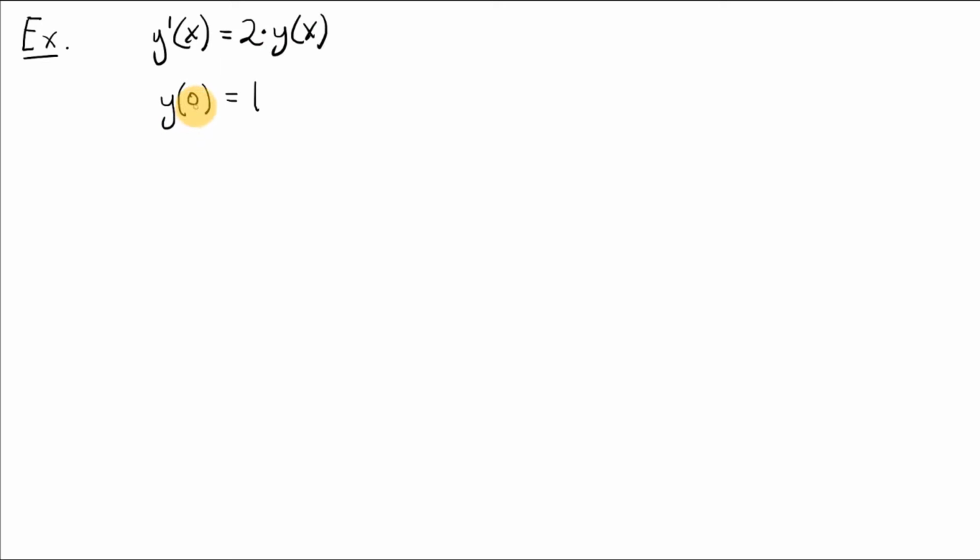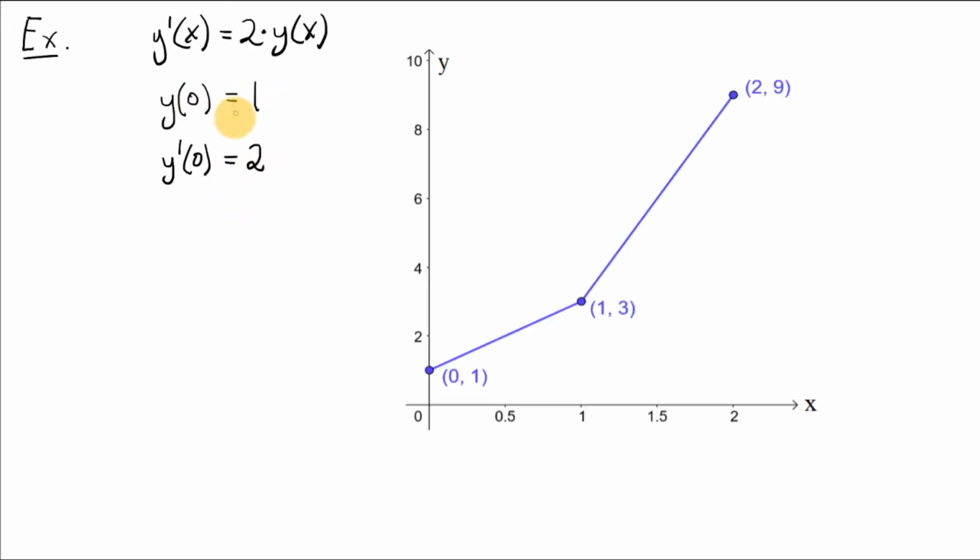That means that for x equal to 0, the derivative at that point should be twice as large, so it should be 2. For x equal to 0, the graph should be at 1, so it should be here. And this means that the slope at this point should be 2.